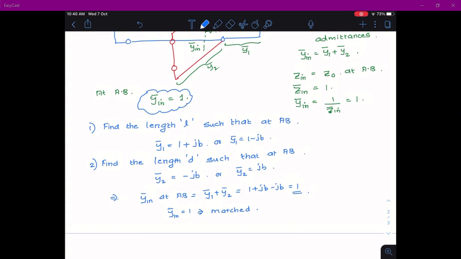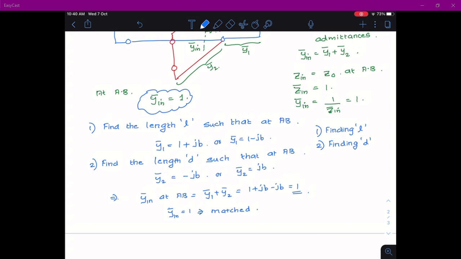So basically this problem involves 1, finding L, which is the distance, 2, finding D, which is the distance of or the length of the stub.